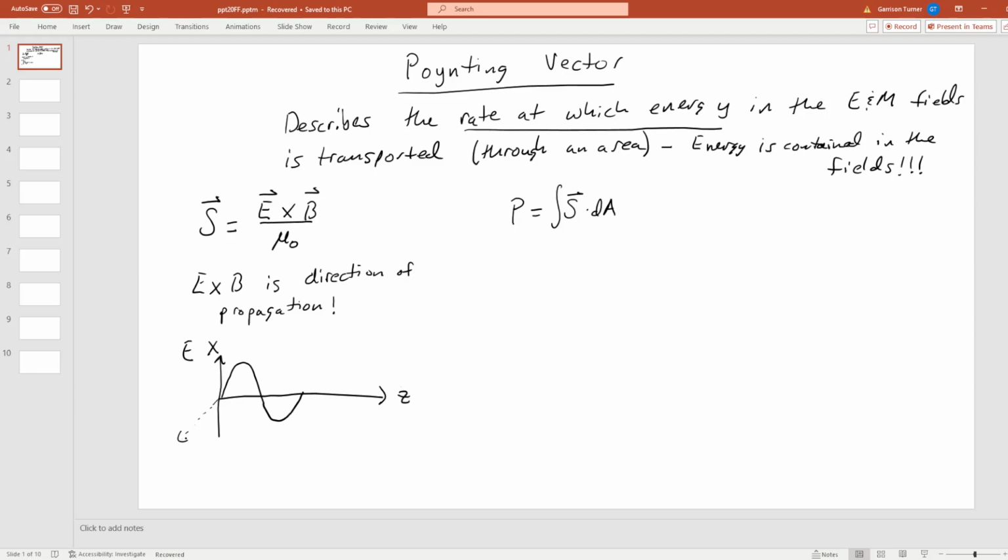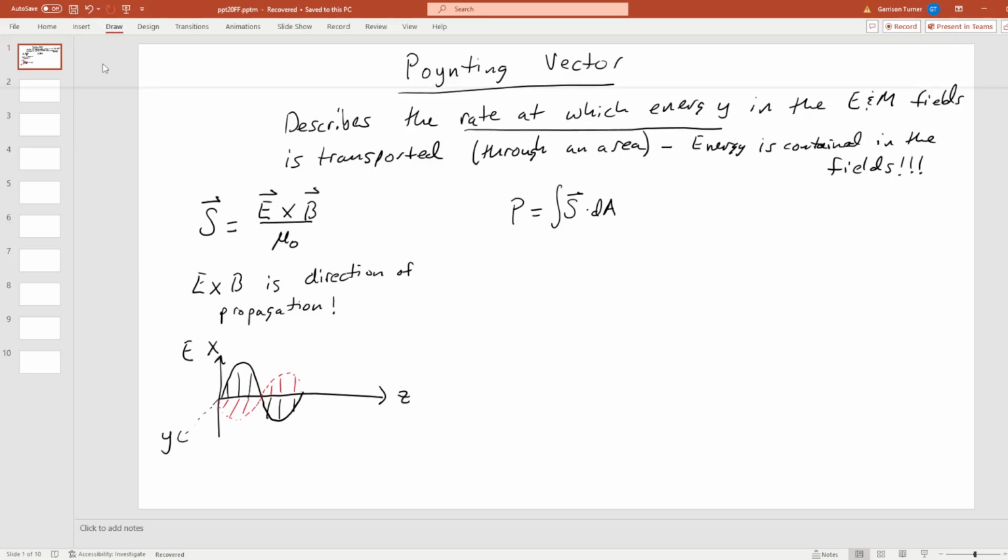Yes, right-handed system, your y is coming out this way. And your magnetic field, therefore, would be oscillating in the YZ plane like this. So your electric field oscillation is here, and your magnetic field oscillation is right here. Okay.